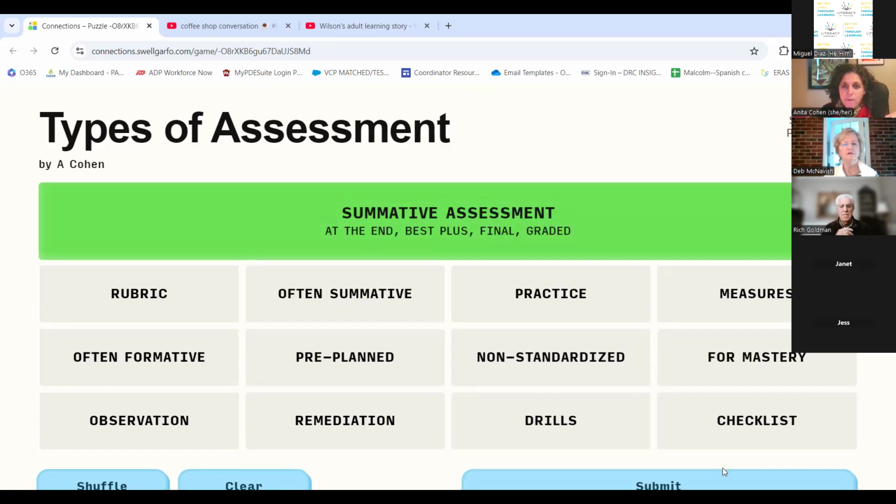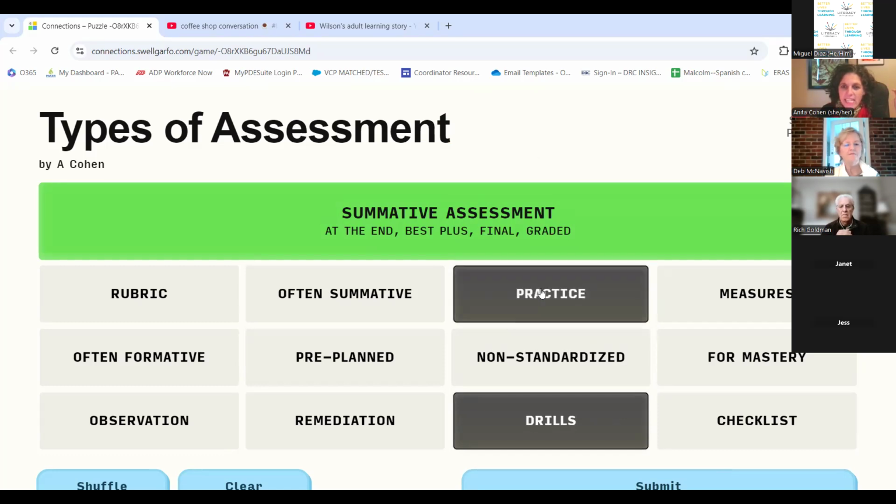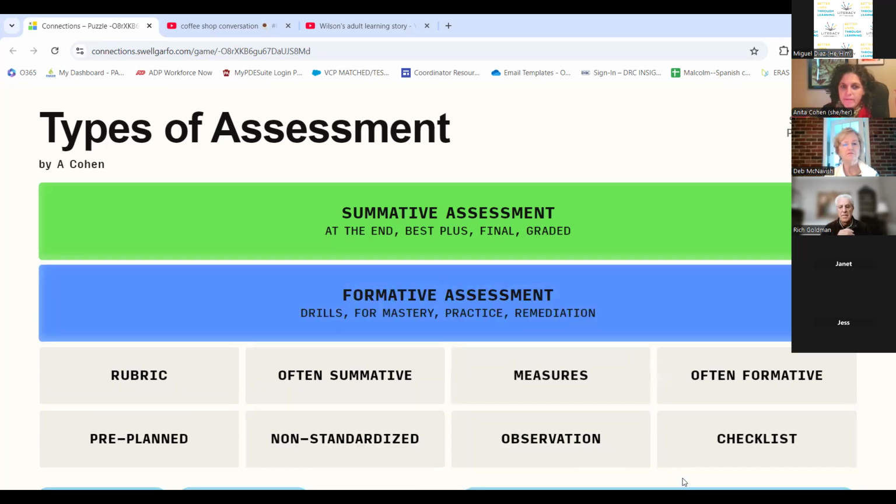If we did formative, I think we said a check. No, we didn't say checklist. We said drills. Drill. Practice, practice for mastery. And what is it? Formative. It's remediation. Yeah. For formal, it's rubric.